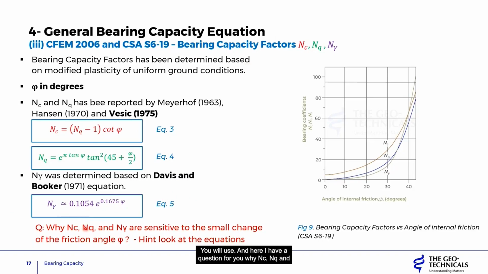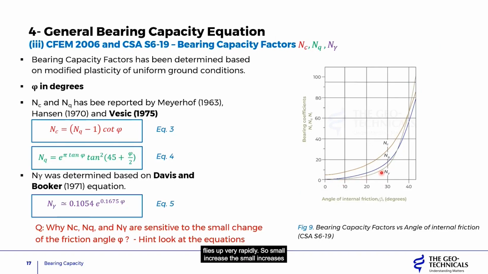And here I have a question for you. Why are Nc, Nq, and N gamma sensitive to small changes of the friction angle? Look at the equation, I'm actually giving you the solution. Why is any small change very significant? I think it's very clear. Here you see a very mild slope, especially up to 30 degrees, and after 30 degrees, wow, it all rises very rapidly.